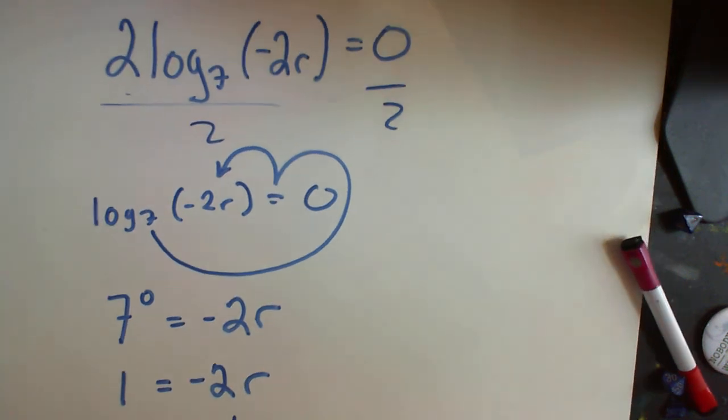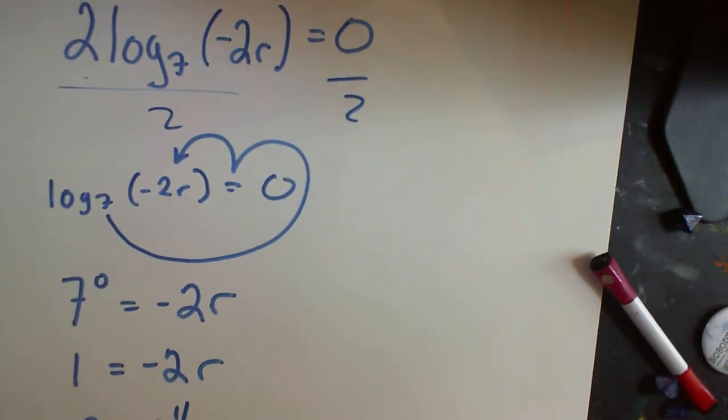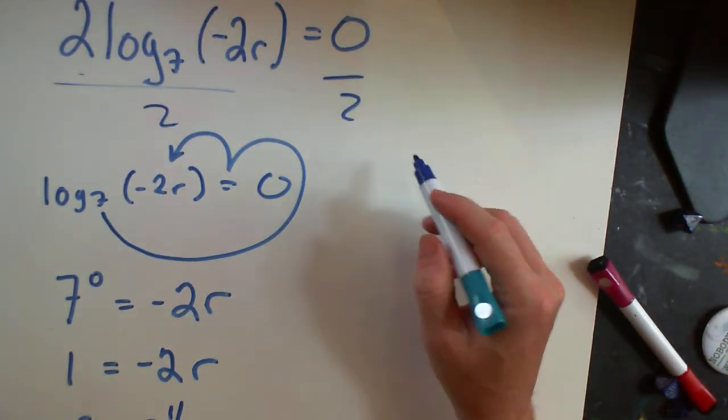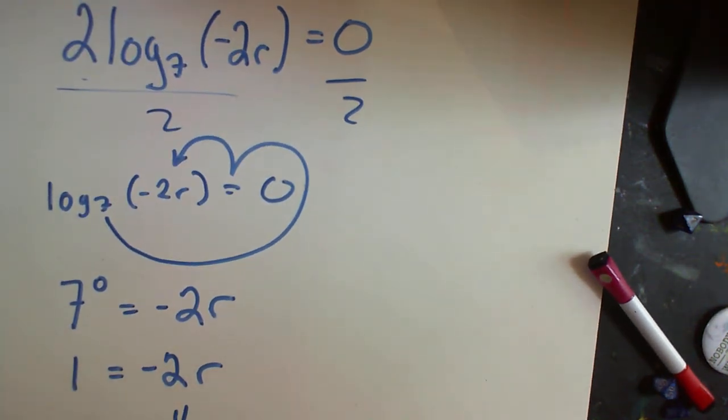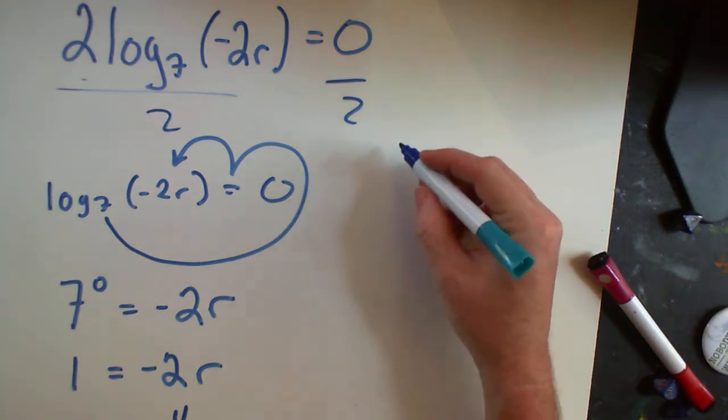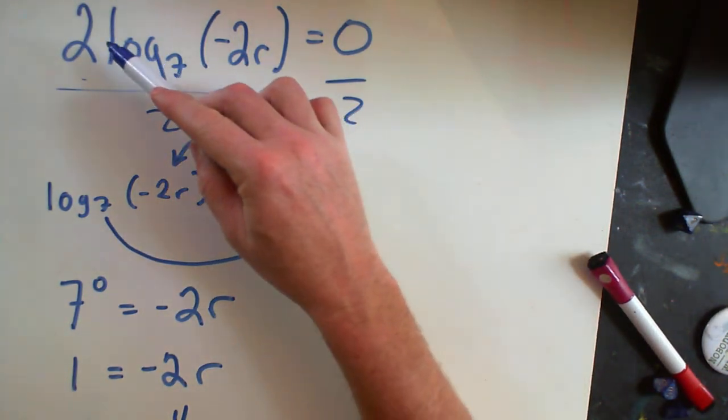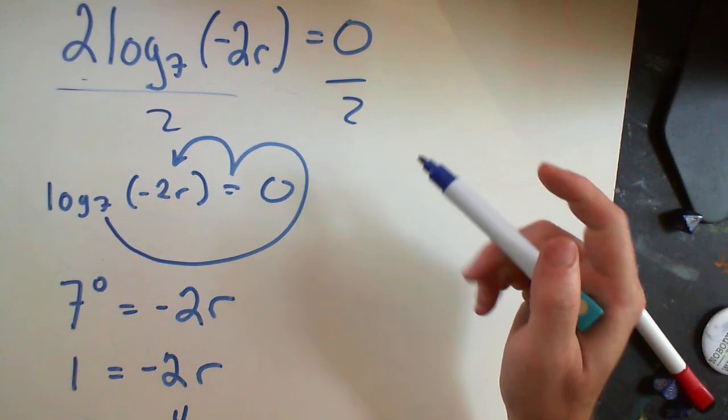The other option, that in this case would be a little more difficult, but would still work and is worth looking at, is using our rule of logarithms. We're going to take that 2 and swing it up into the exponent.